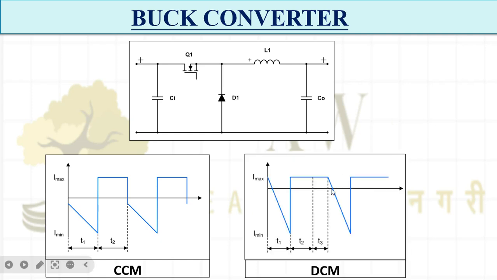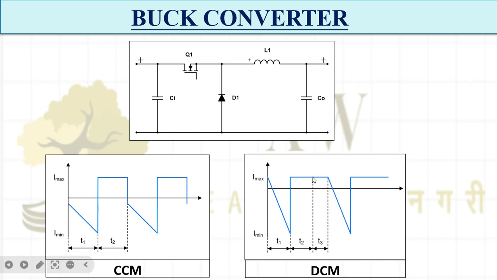Now, if somebody asks about the case of DCM, the discontinuous conduction mode, how is the behavior? It will decrease from its maximum value, then when the switch is off, it will go to a particular value, I maximum.